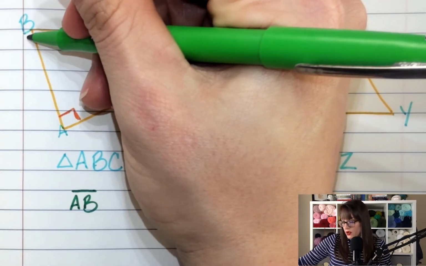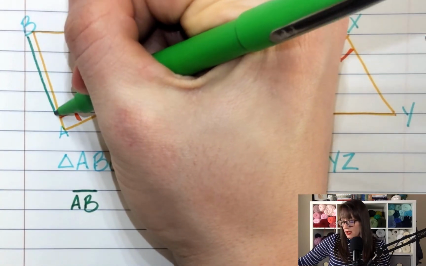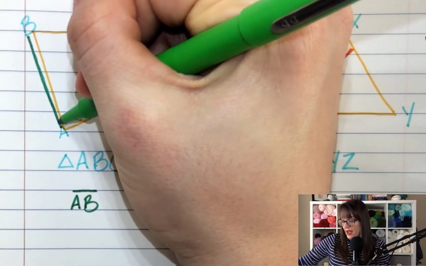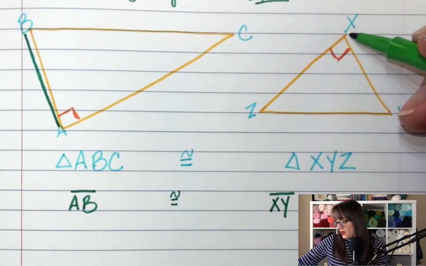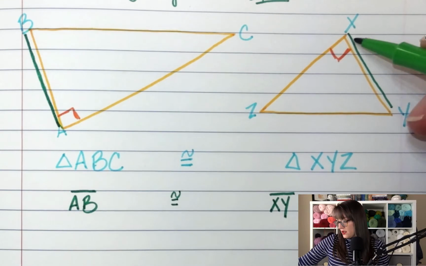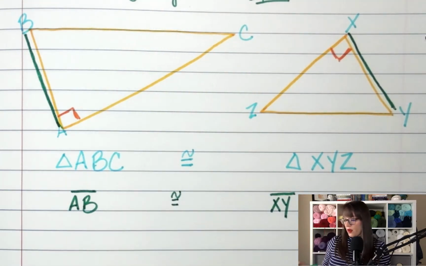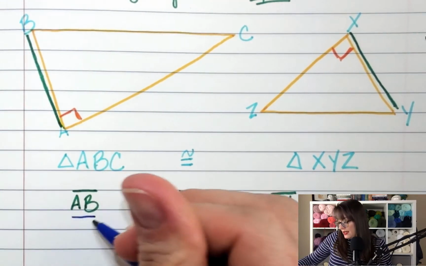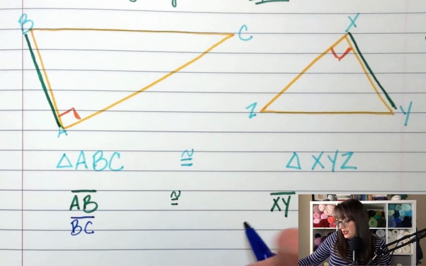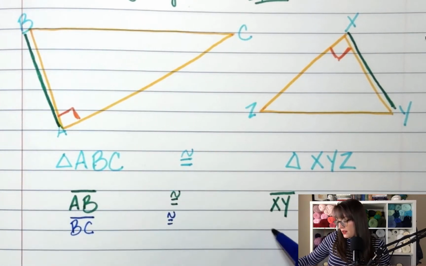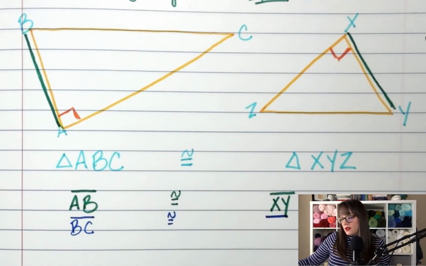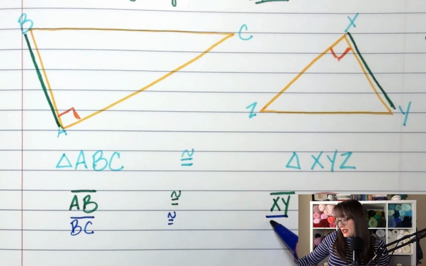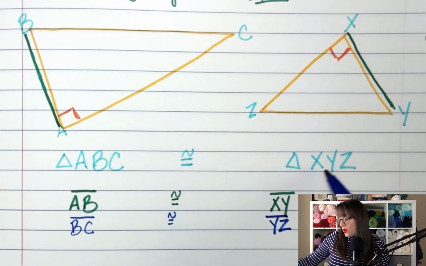So up here, I'm going to draw green between AB so that I know, okay, that one goes with X, Y over here. Green to green. Okay. What about BC? Line BC matches with line YZ, because last two letters.